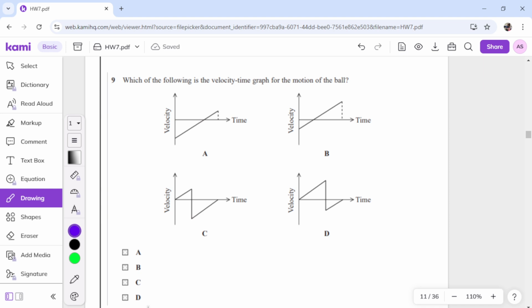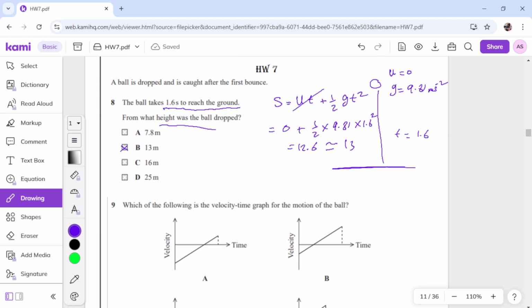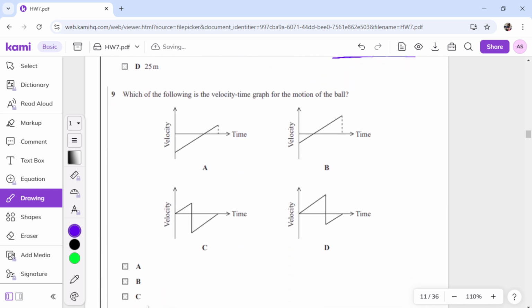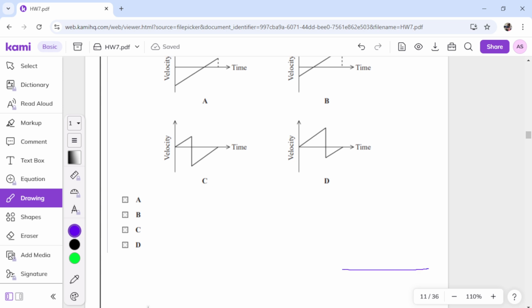Which of the following is the velocity time graph for the motion of the ball? Now the ball is dropped and bounces. So what happens when it bounces? Okay, the ball is dropped and after the bounce, some of its energy is absorbed by the surface.